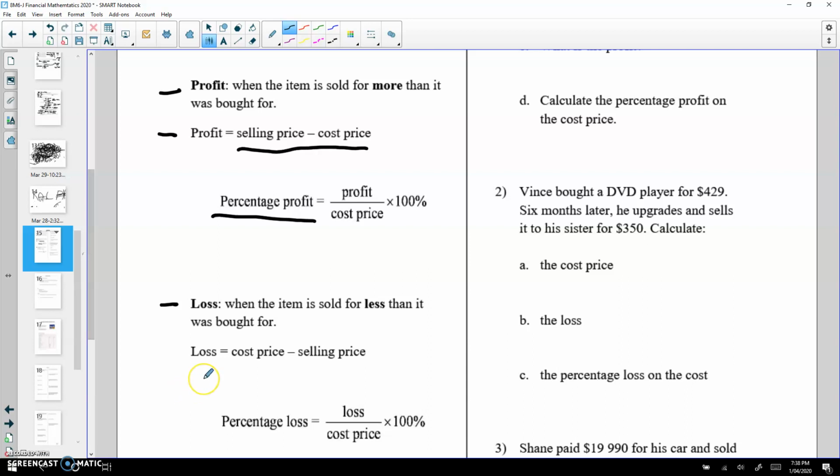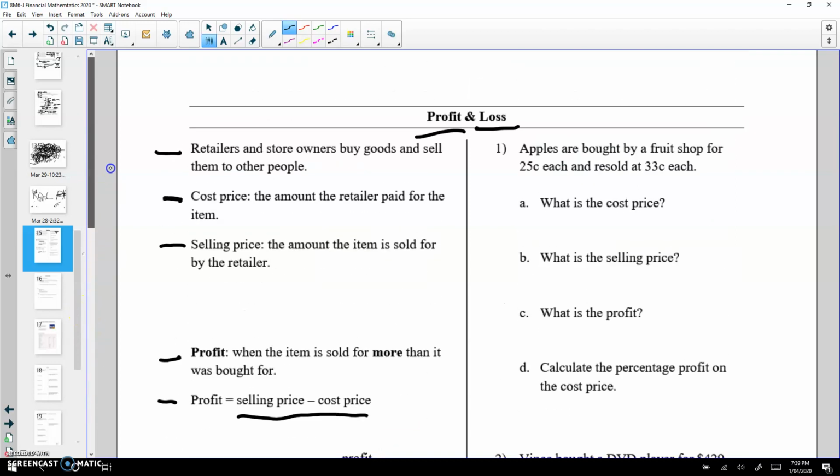They might actually sell the product for less than they bought it for, and that's what's called making a loss. That's where the cost price is greater than the selling price. To get the loss, you subtract the two, cost price minus selling price. And of course, then you can find the percentage loss, which is how much loss it is compared to the cost price. Let's look at some examples.